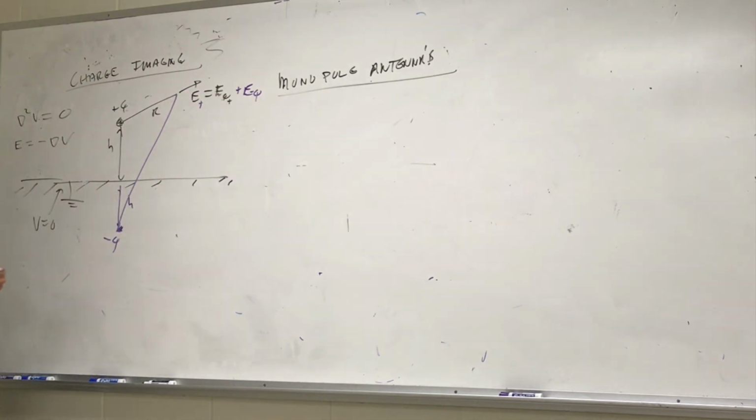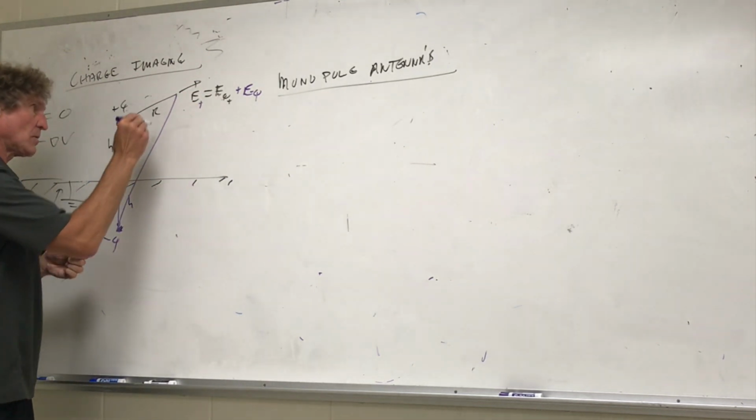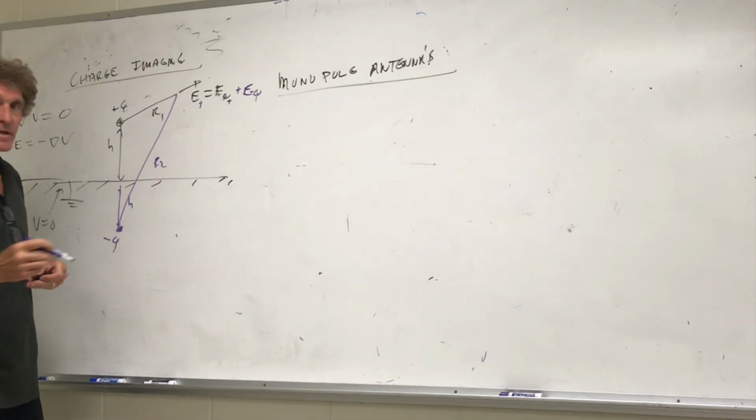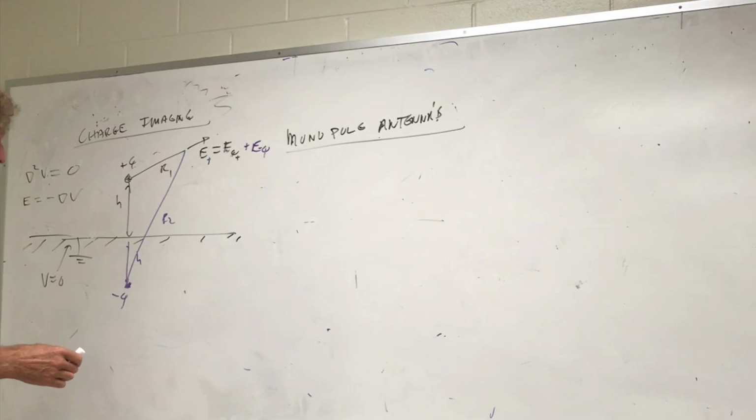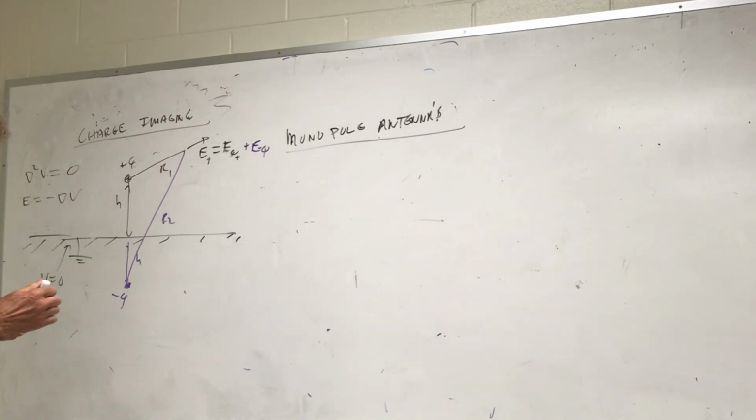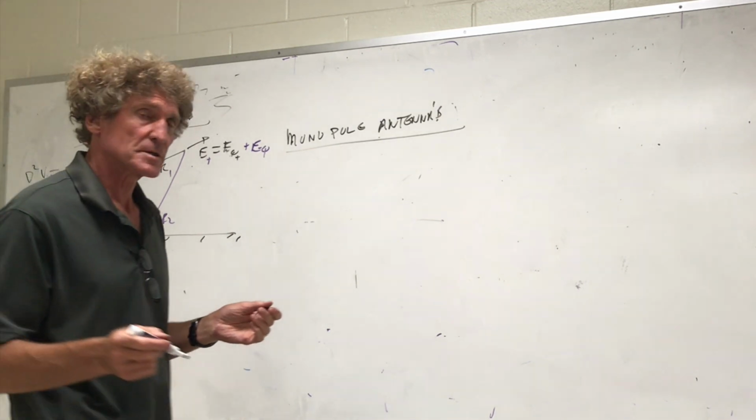Y'all with me? And call this R1, and this would be R2. Can you all follow me in this class? I'm going to remember that. Charge imaging. If you take a look at what happens to currents, then this won't be hard to see.